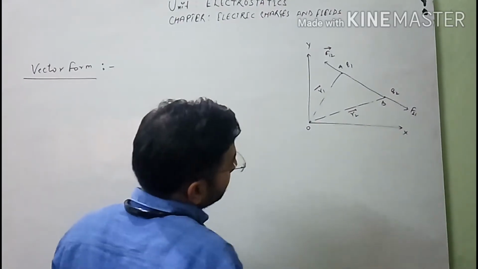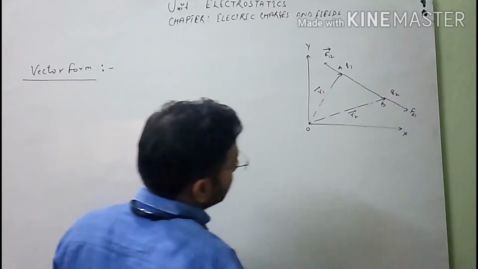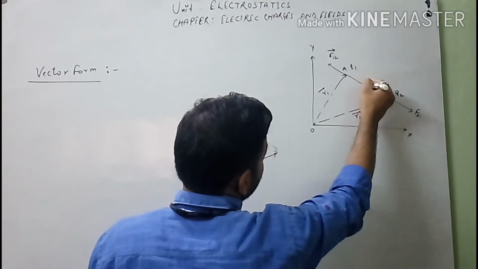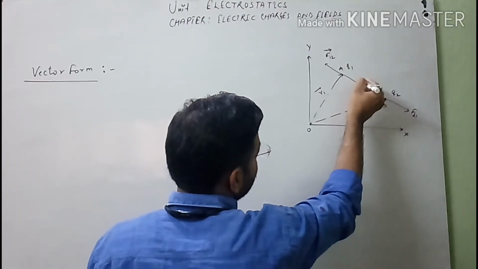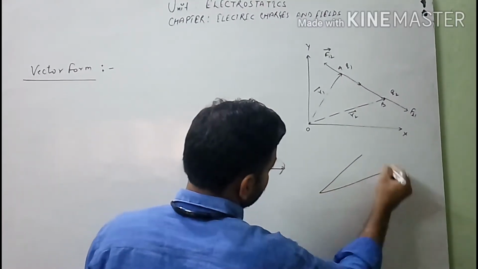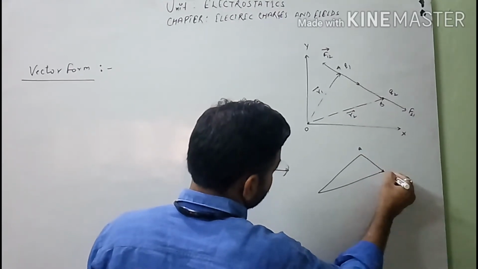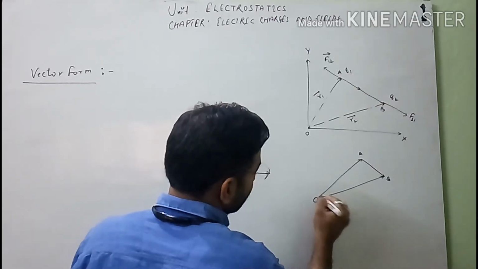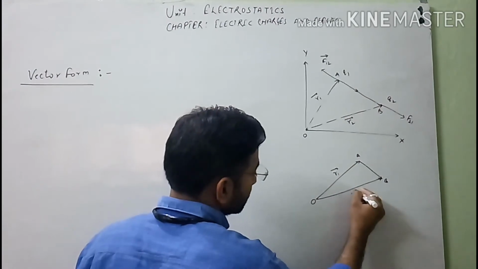Here, students, you will use vector properties or the vector law of addition to get the value of AB or BA in vector form, but in magnitude both values are equal. If we are calculating the distance AB in vector form, here we know it is R1, and here it is R2.